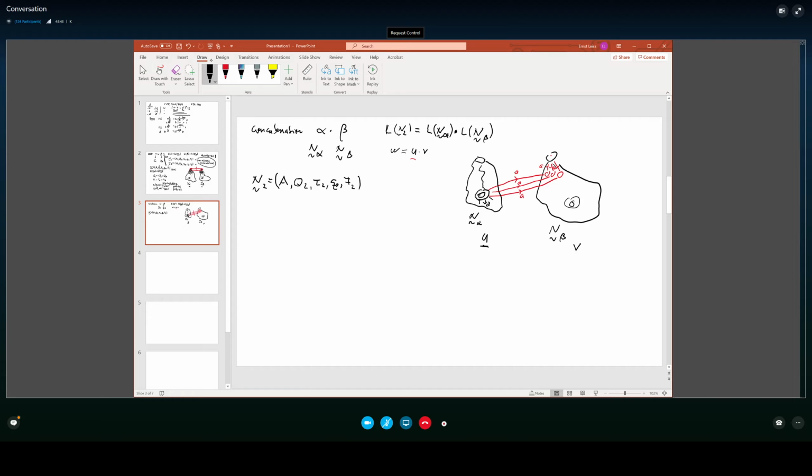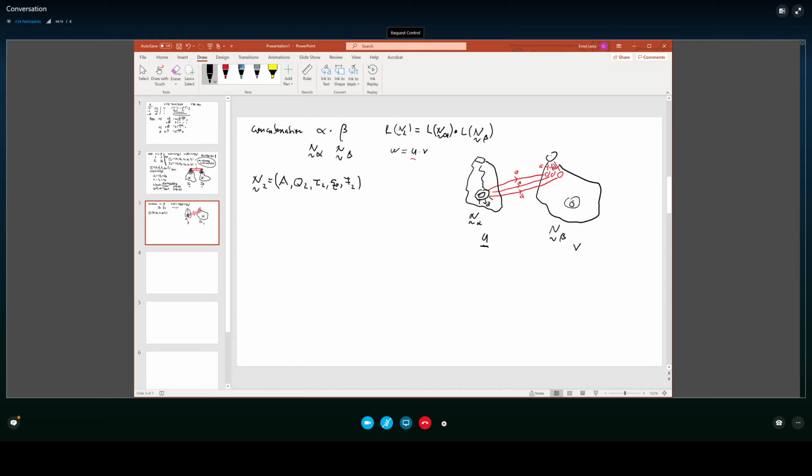But if we decide that we consider this final state to be the state that accepts u, then we can concatenate with something else, because u is in the language accepted by the first automaton, N sub alpha.